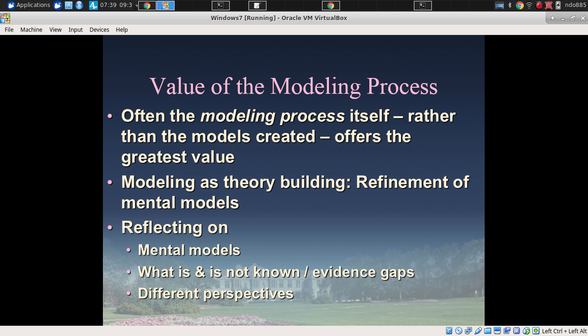Now that sounds outlandish. After all this effort being put in to develop a quantitative model, how can it be the modeling process that develops the biggest assets?